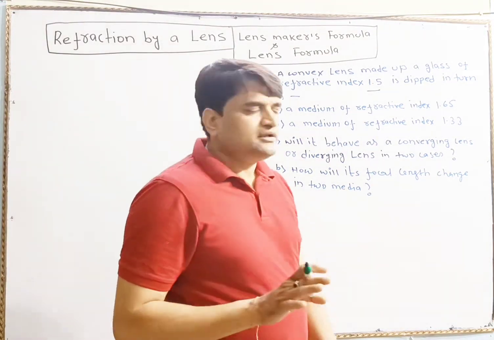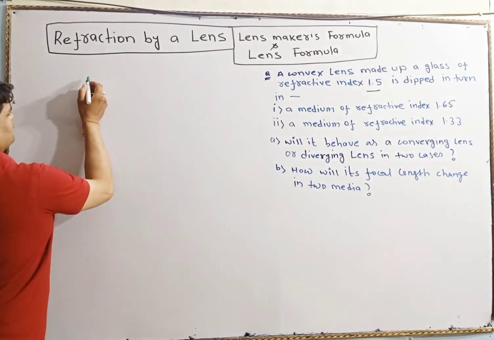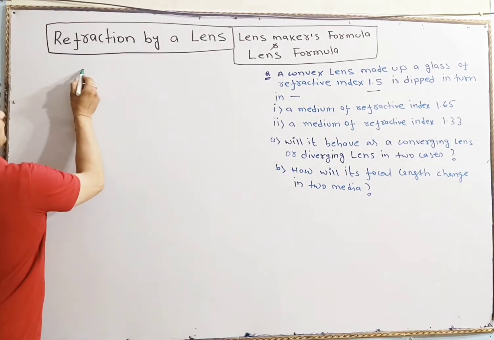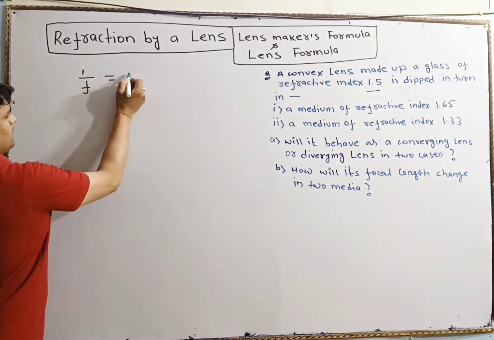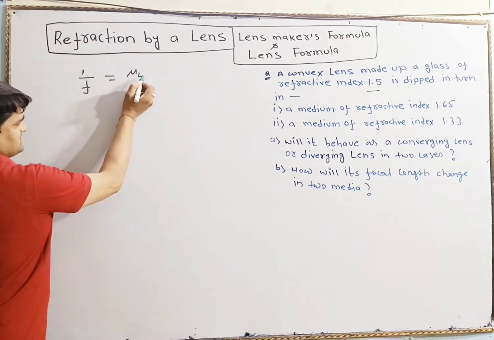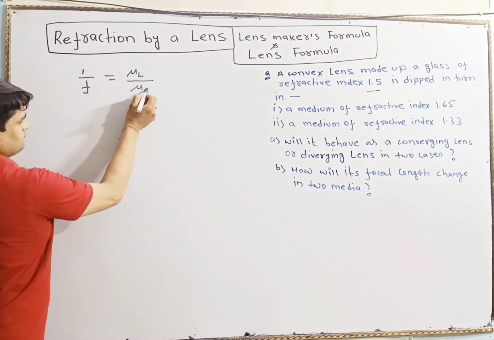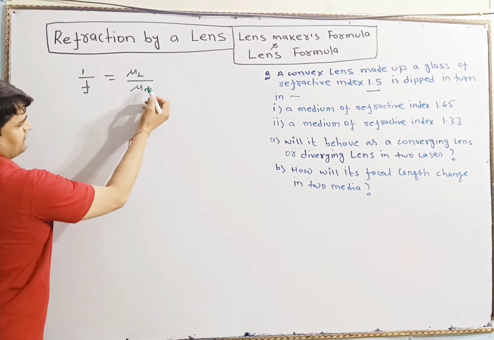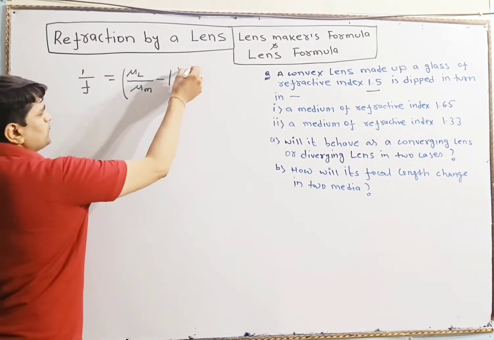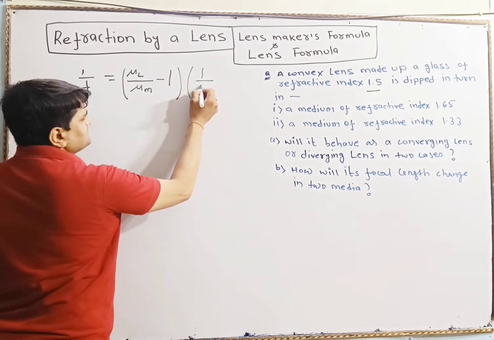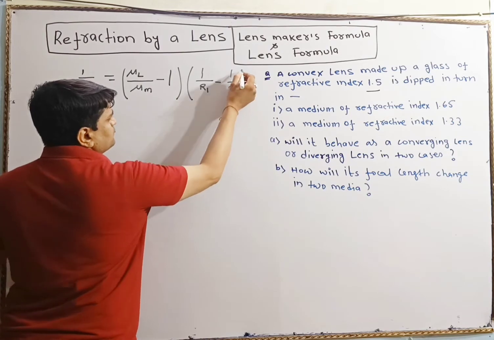Okay, simple. Now we have the Lensmaker formula. It was 1 upon f equal to (mu L, that means refractive index of the lens, upon mu m, refractive index of the medium, minus 1) into (1 upon R1 minus 1 upon R2).